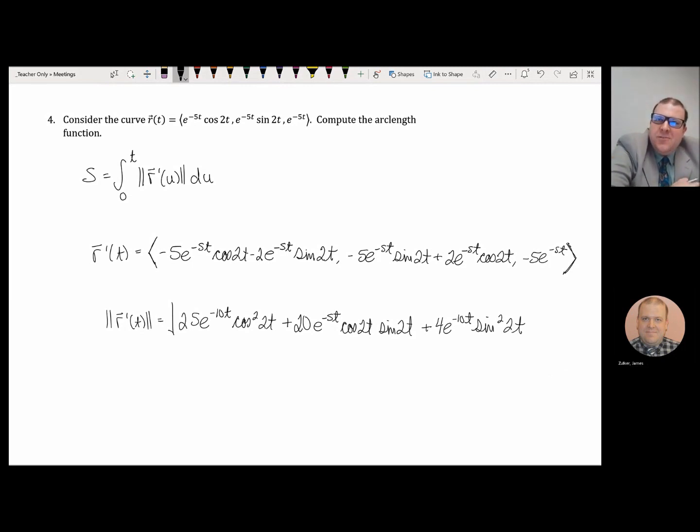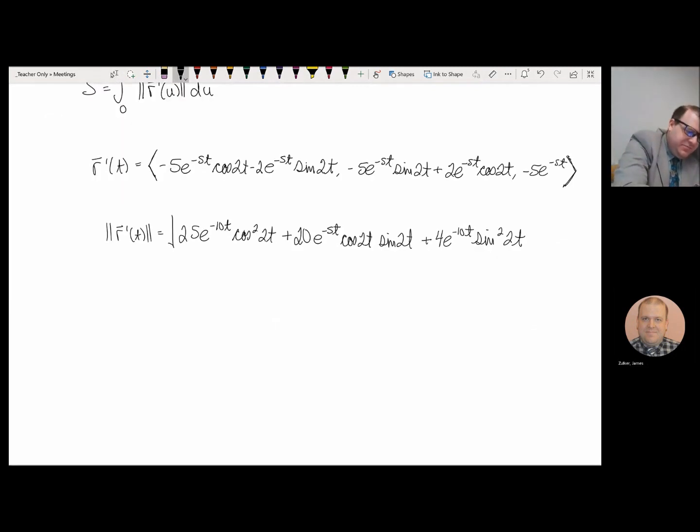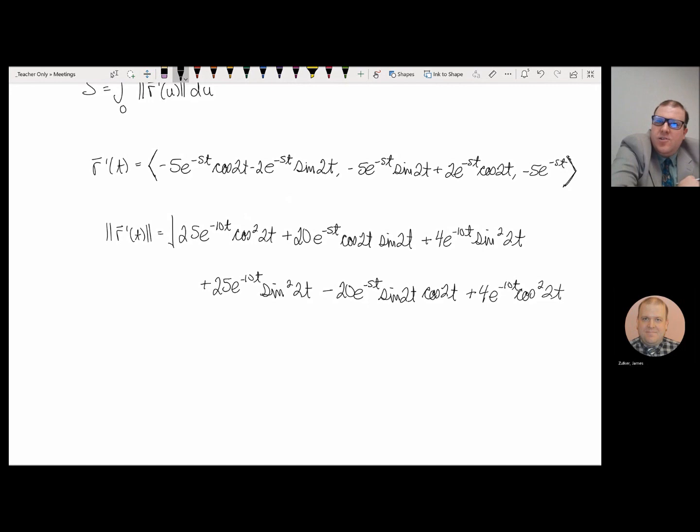Right there. Second component squared. And then that final component.